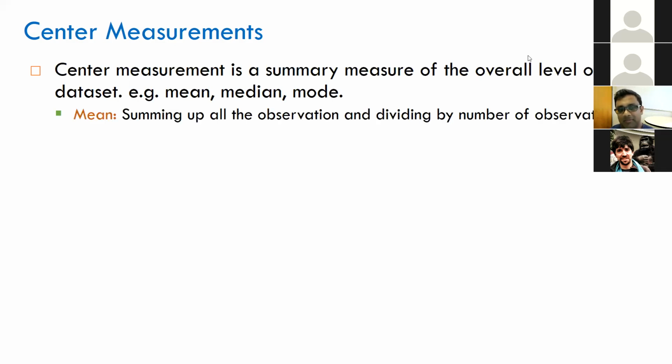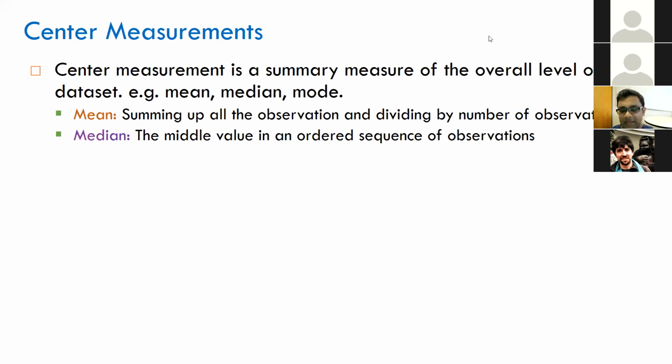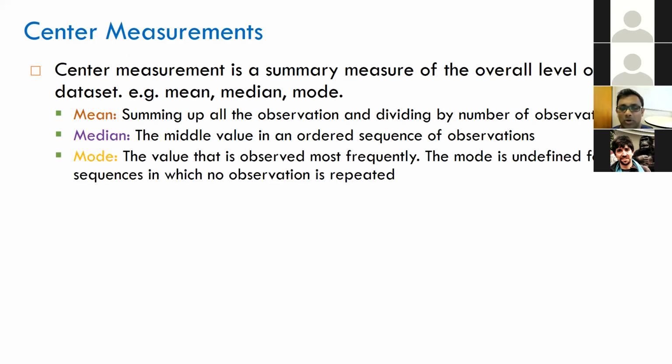The mean, you already know, is summing up all the observations and dividing by the number of observations, so that you get the mean value. And the median is the middle value of your data. If you order your data set in ascending or descending order, the middle value is your median. And the mode is the most frequent observation, right? You will mostly use mean and median.